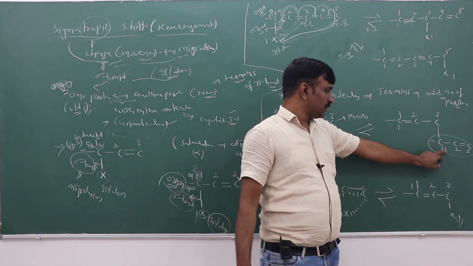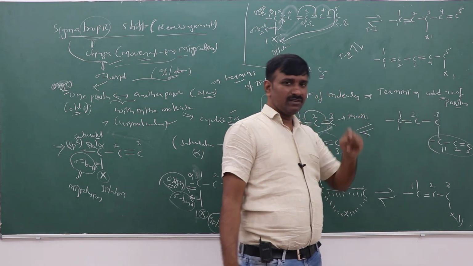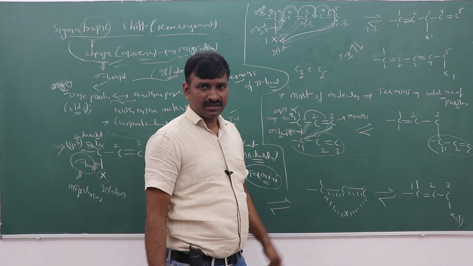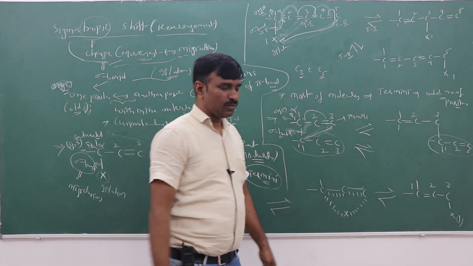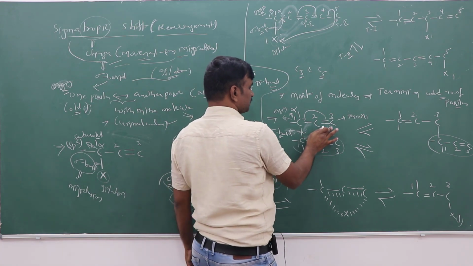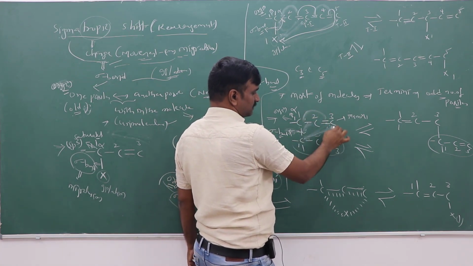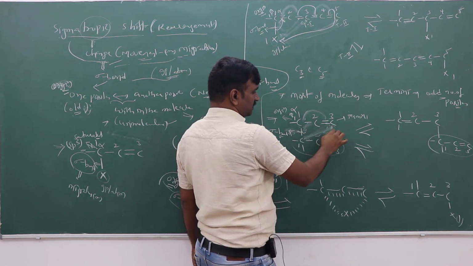So this is the old position. This is the new position. Only one end will be changed. Only one end will be the new position. The other end is the old position. If both ends are new positions, that means from this one to here, through the cyclic transition state.